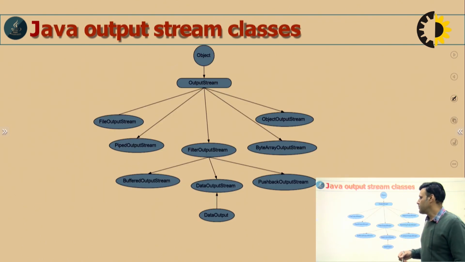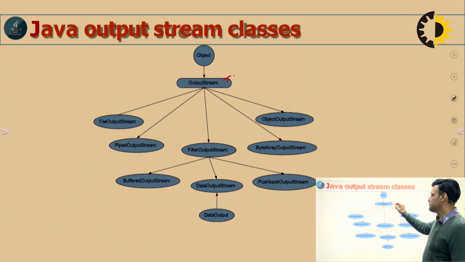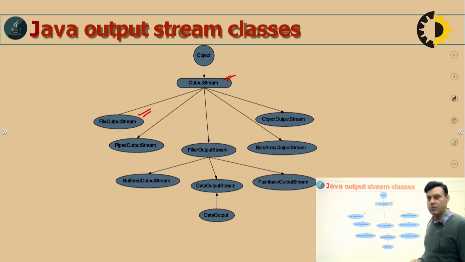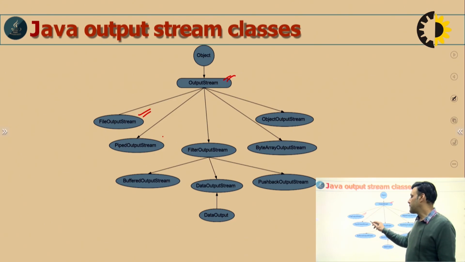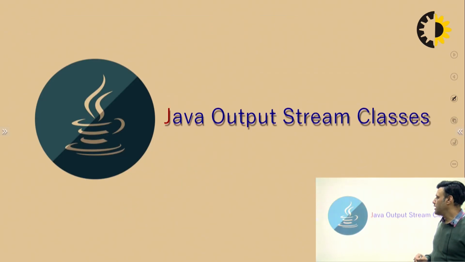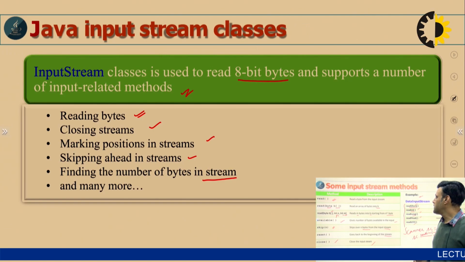See, we will create the object of this output stream. Then it can be used like file output stream, piped output stream, buffered output stream, and I have shown you a hierarchy here before.